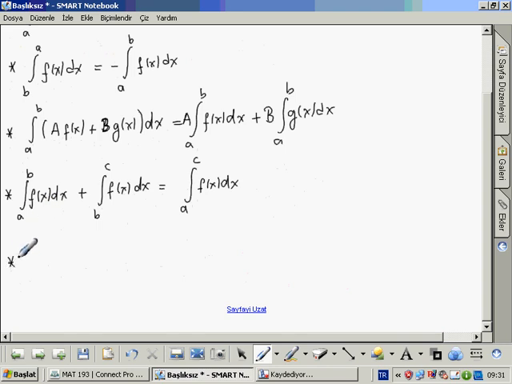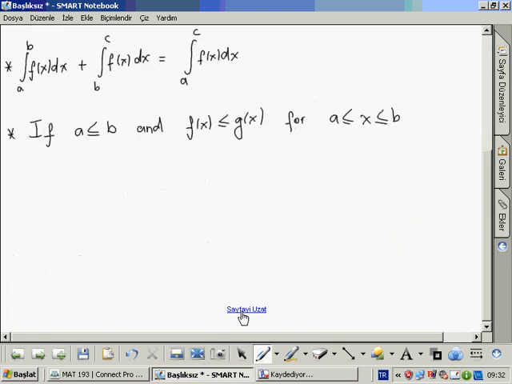And if a is less than or equal to b and the function f of x is less than or equal to g of x on this closed interval, we can say that the integral from a to b of f of x dx is less than or equal to the integral from a to b of g of x dx.